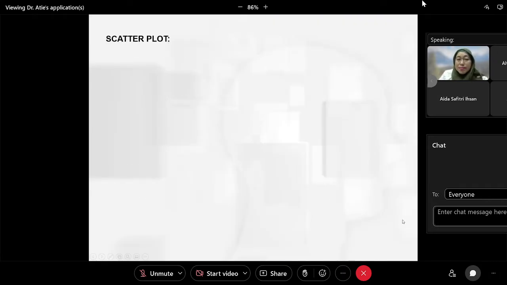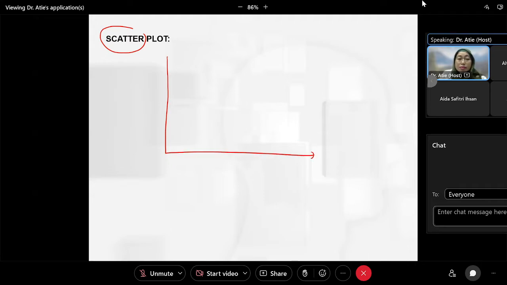Okay, what is a scatter plot? Scatter means everywhere. So for example, I have something like this. We have y here, and then x exists here, and here will be 0. So a scatter plot is all the points where you can see the coordinates for x and y.